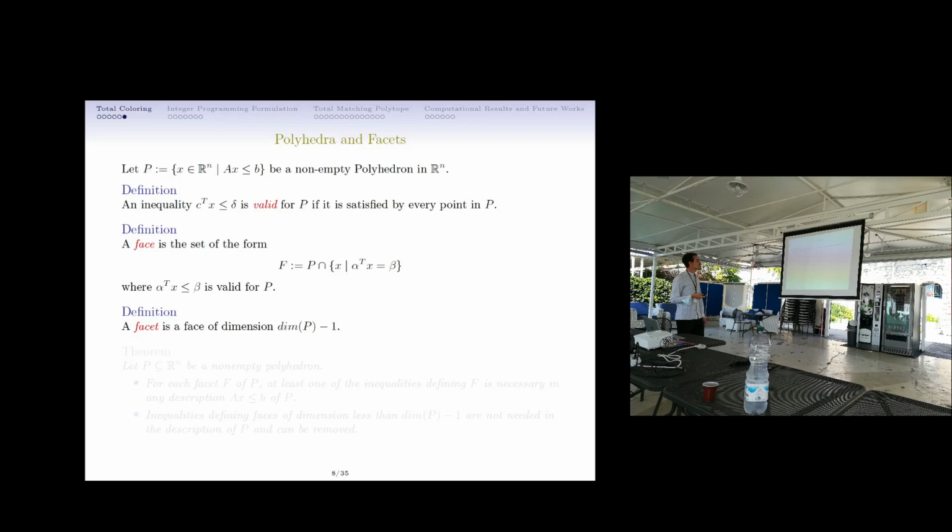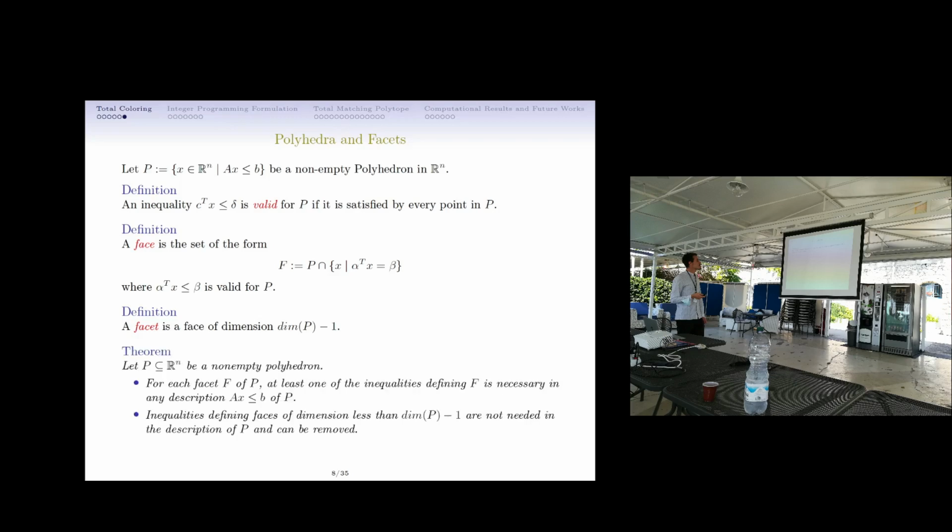So a face is a maximal face if it does not contain any other proper face. And the dimension of that face is the dimension of the polytope minus 1.